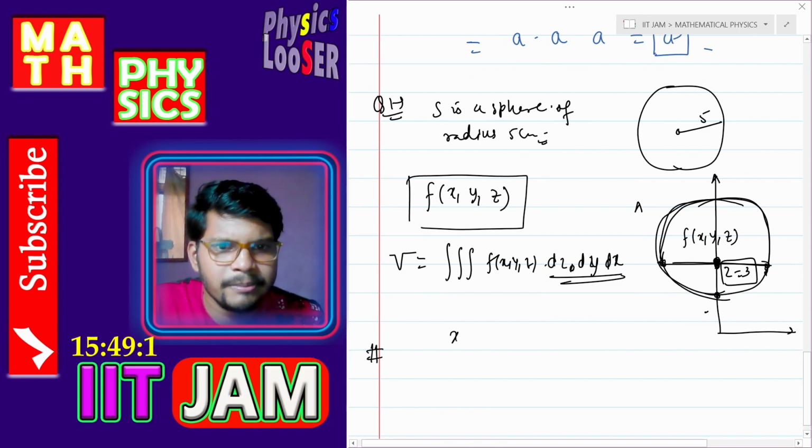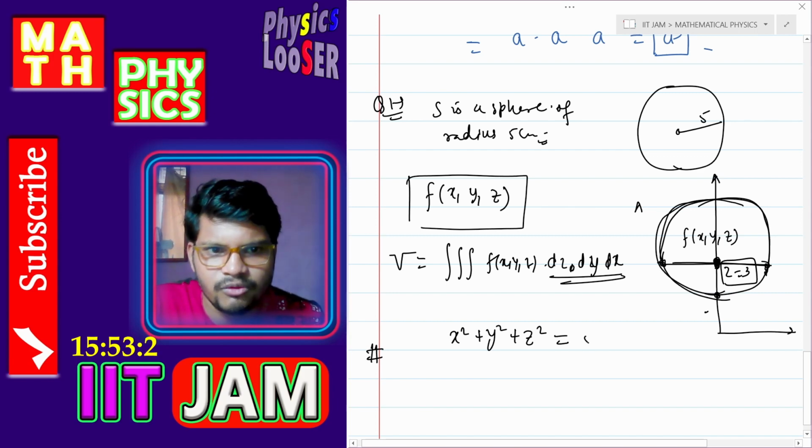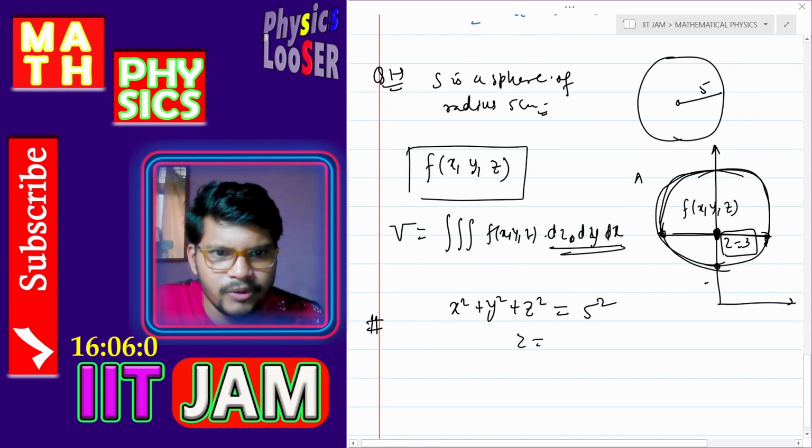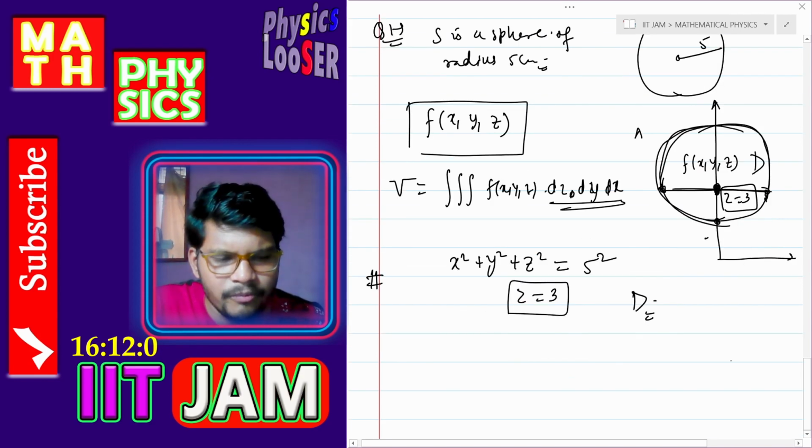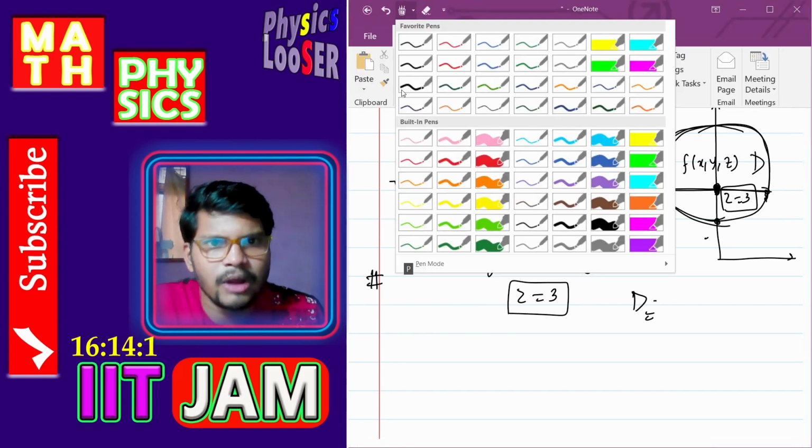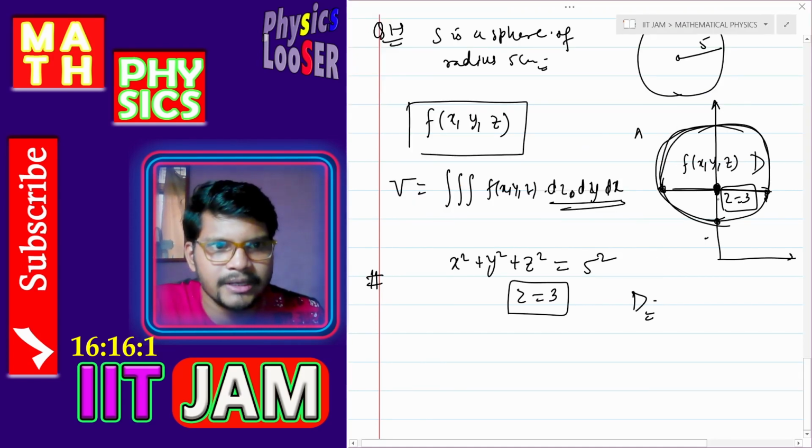So what is the equation of a sphere? It is x square plus y square plus z square. Sorry, this is the radius square, so it has to be 5 square. And there is a point z is equal to 3, above which we are interested in some particular region D. So first of all, I have to take an integral like this.